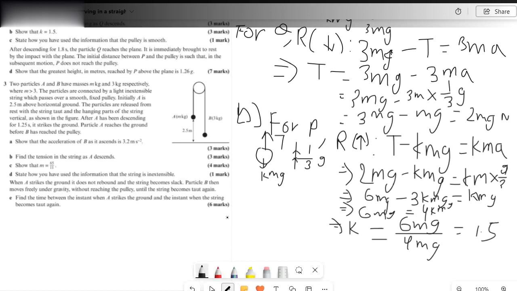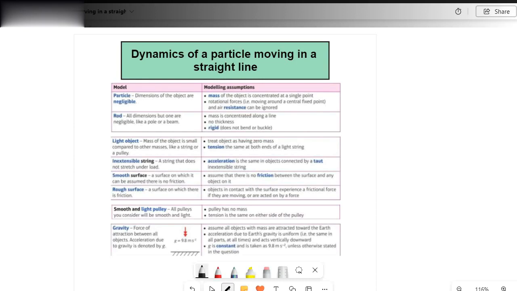For part C, we have to state how we use the information that the pulley is smooth. If you refer to the modeling assumptions that we covered previously, we had a smooth and light pulley, meaning the pulley has no mass and the tension is the same on either side of the pulley.